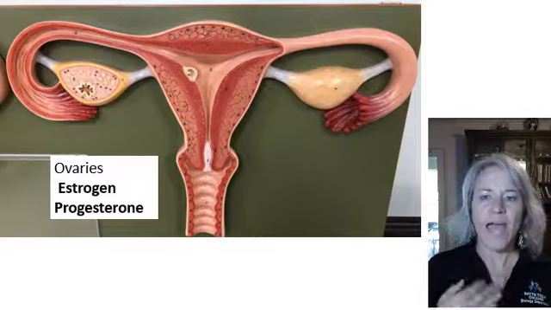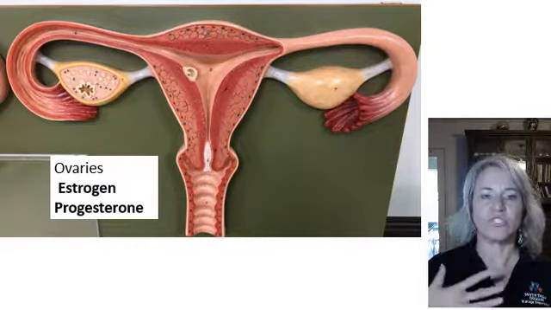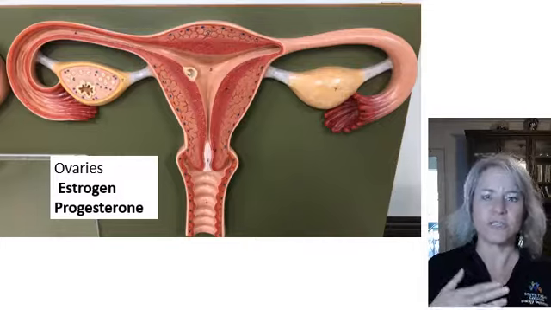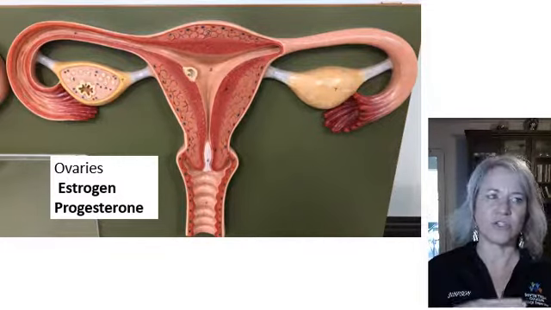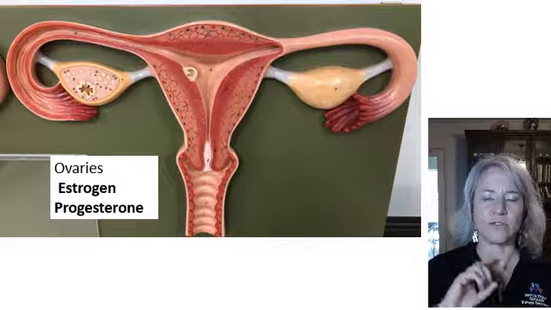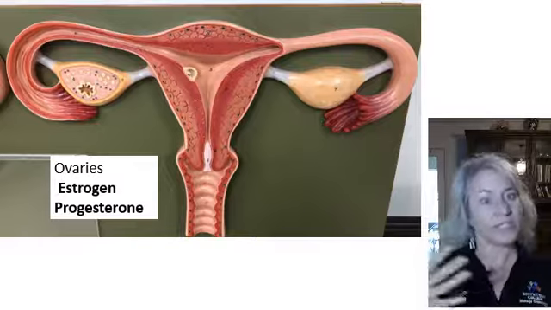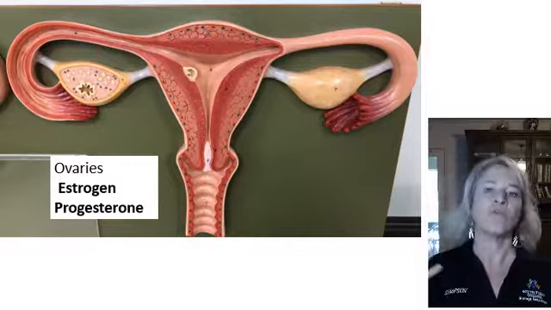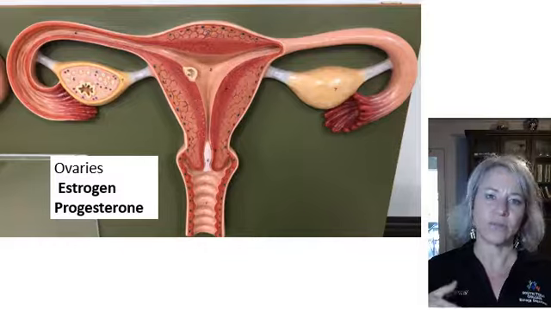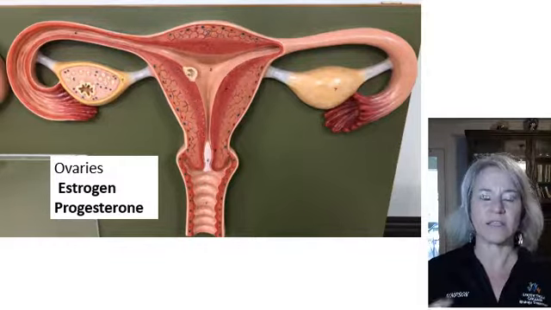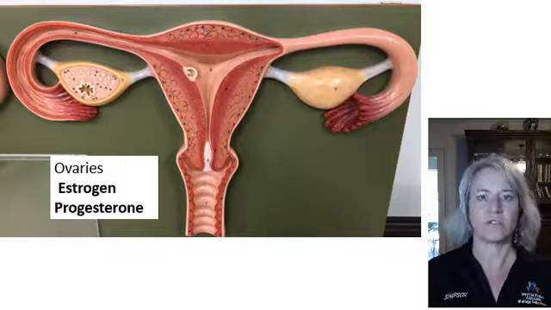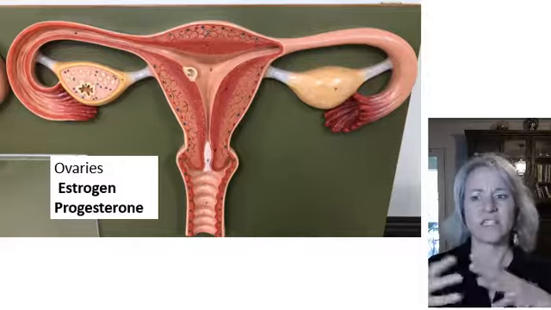So you have to have the progesterone for those structures to actually be functional. This is why I say that estrogen turns the girl into a female, developing her secondary sex characteristics, while progesterone turns the female into a woman, making them actually functional. And it comes a little bit later.